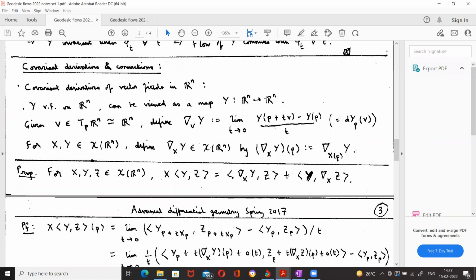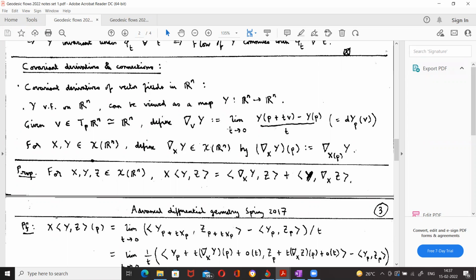So we can differentiate this in any direction. Given a vector v in Rn, you define what's called the covariant derivative of Y in the direction v. So it's just the usual directional derivative, nabla sub v of Y. This is the derivative of Y along the straight line in the direction v.